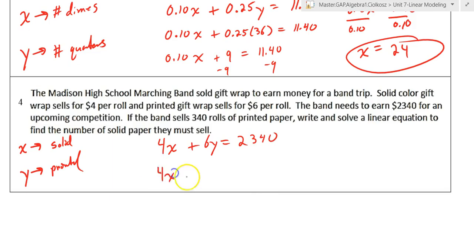So if we plug in, now we can solve for x.